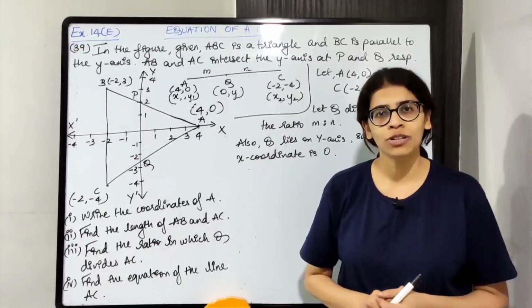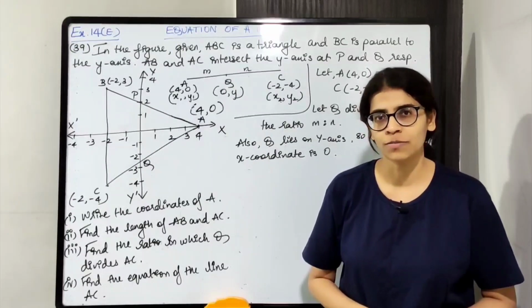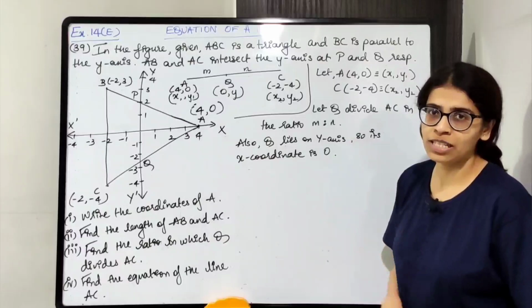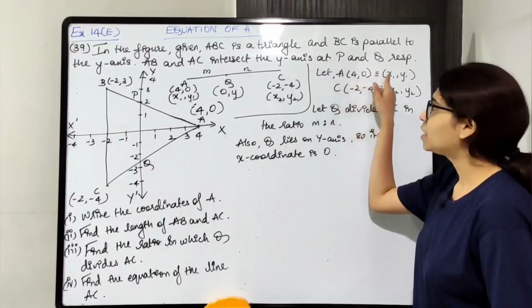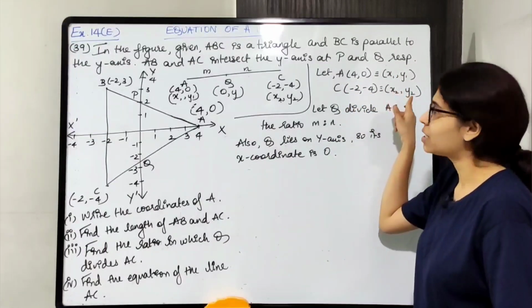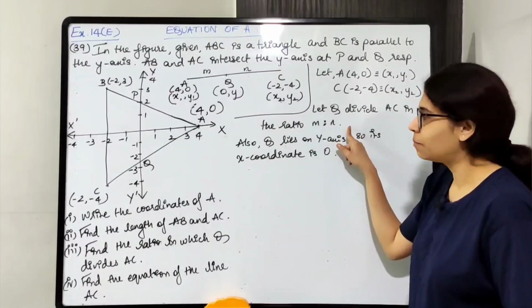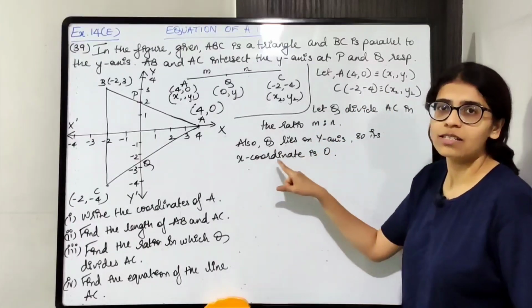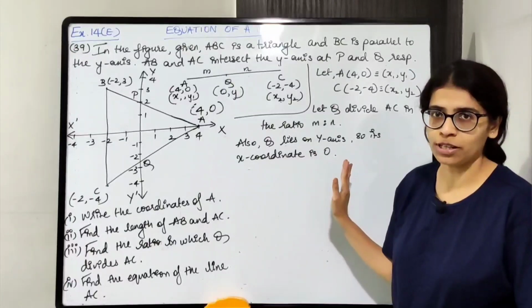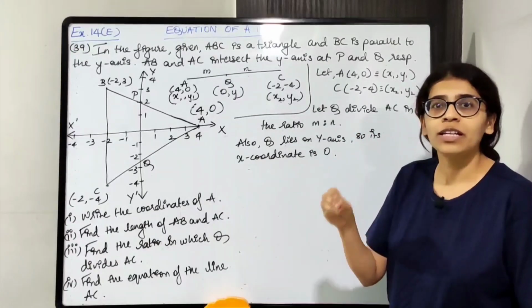It's better that you draw a rough figure for third part of the question and we'll write down a few statements. Coordinates of A we are taking as x1, y1, coordinates of C as x2, y2. Q is dividing AC in the ratio m:n and Q lies on y axis, so x coordinate will be 0. Now what will be the x coordinate of Q by section formula?